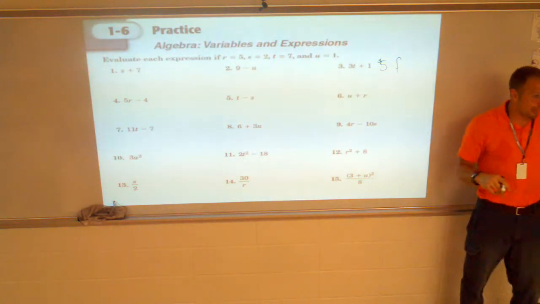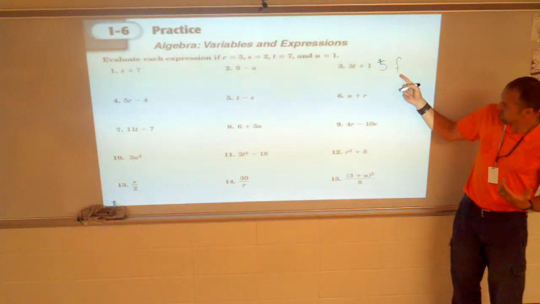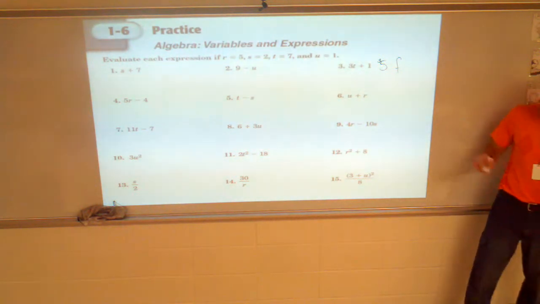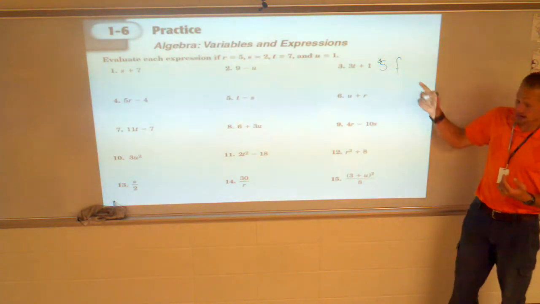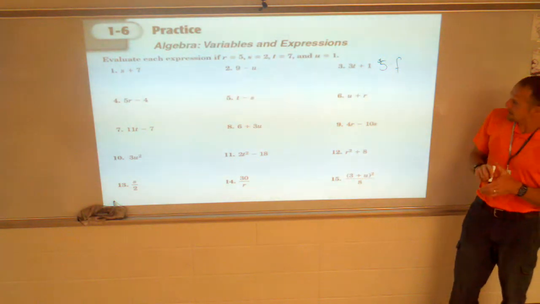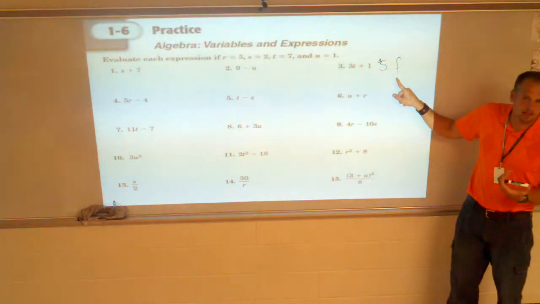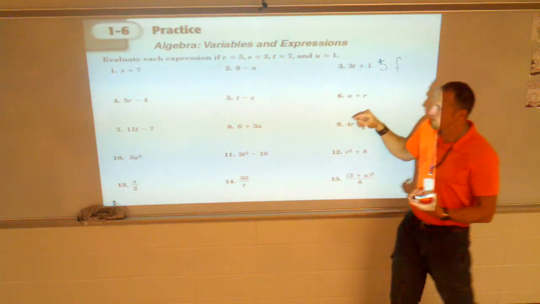We might have 8 friends go, $5 times 8. Might have 2 friends go, $5 times 2. But if we don't know how many friends are going, we can just call that F. F for friends.